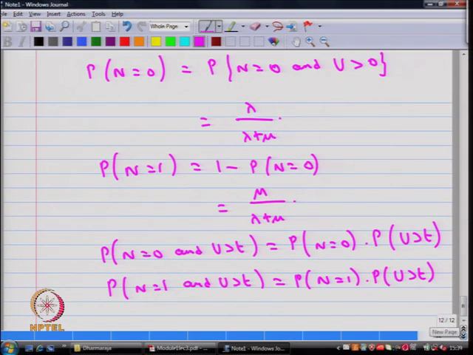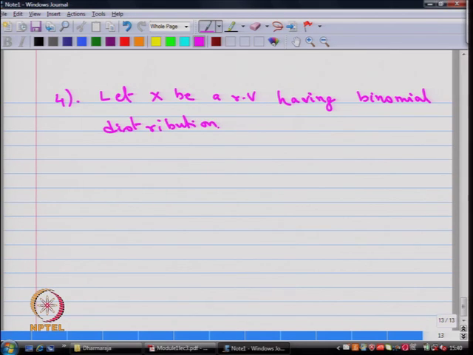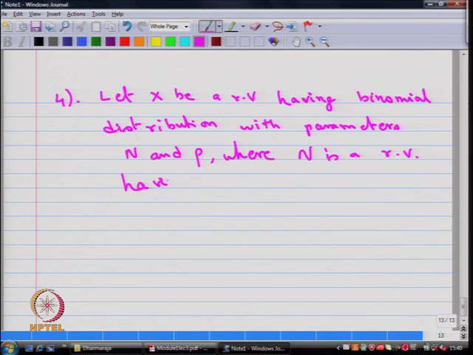Now, we move into the next example. Let X be a random variable having binomial distribution with parameters capital N and p, where capital N is a random variable having Poisson distribution with mean lambda.